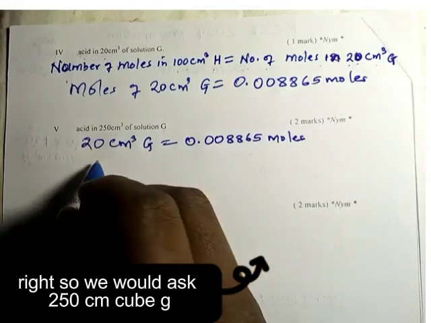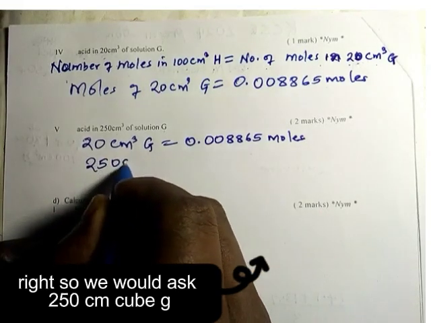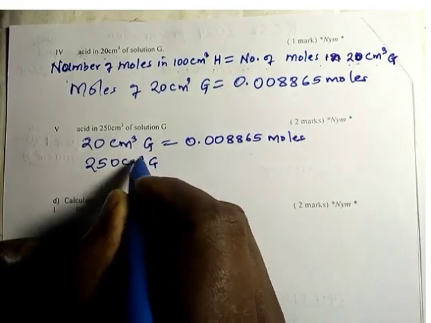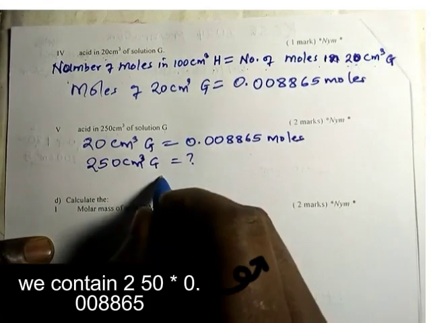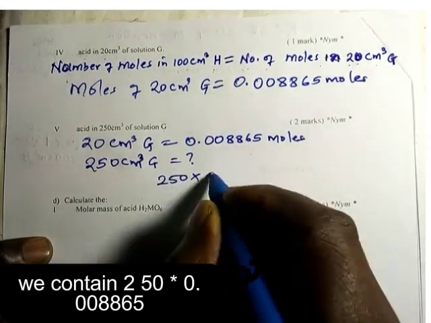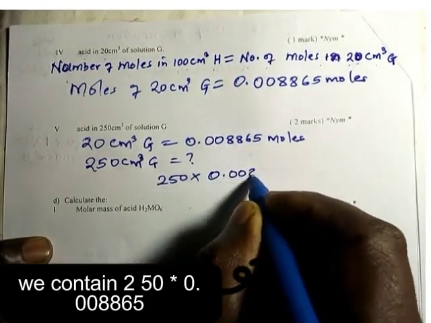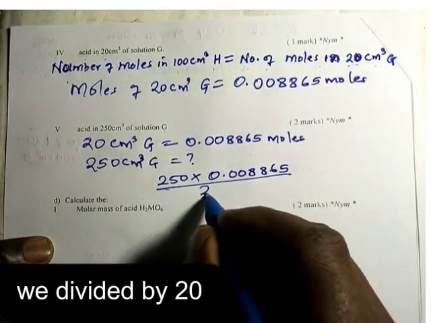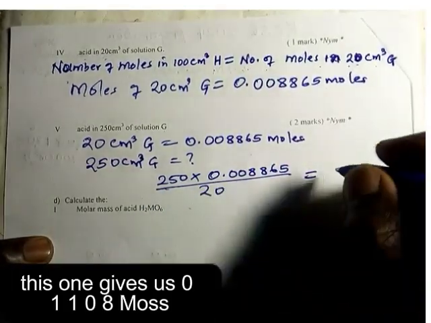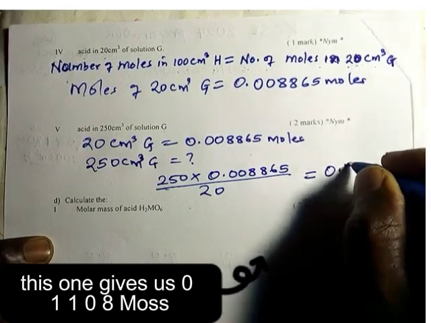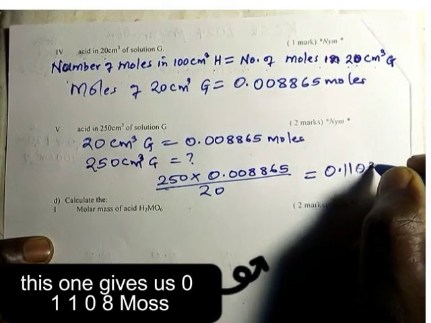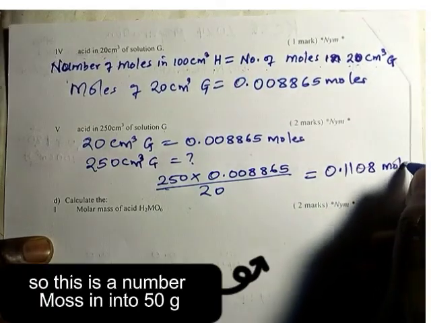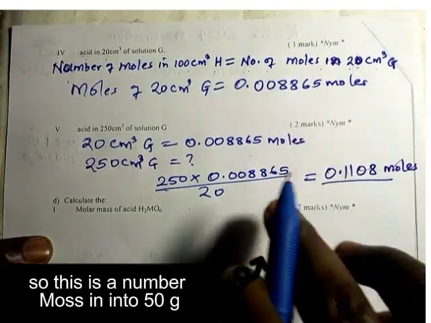Right? So we will ask 250 centimeters cube G will contain 250 times 0.00865. We divide by 25. And this one gives us 0.1108 moles. So this is the number of moles in 250 G.